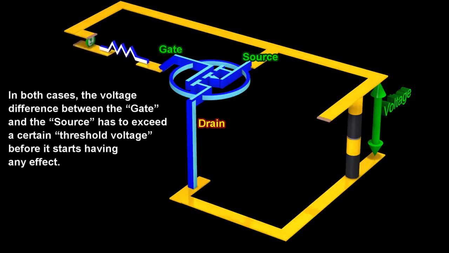In both cases, the voltage difference between the gate and the source has to exceed a certain threshold voltage before it starts having any effect.